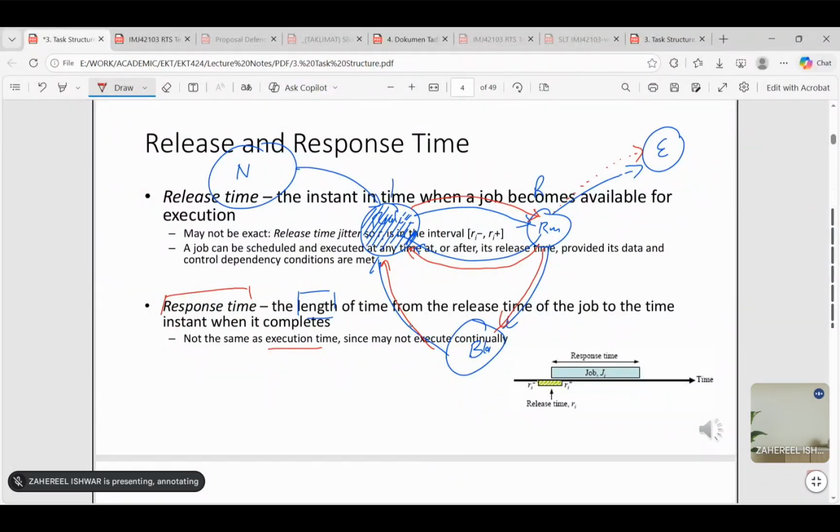Why is it not the same? Do you see the difference? Execution time differs from response time. What's the difference here? So based on this bubble, where is execution time?